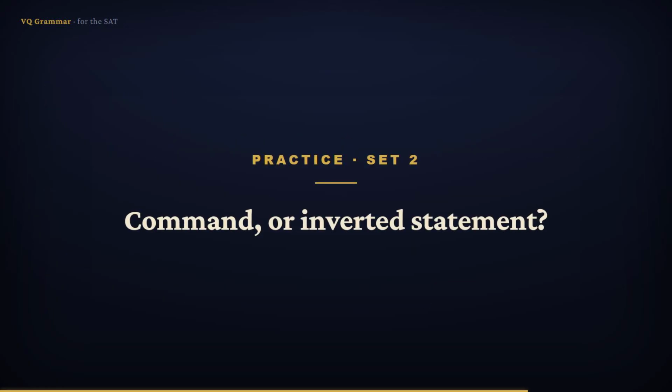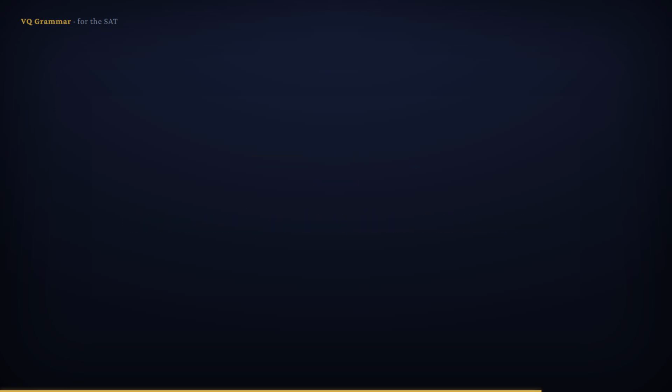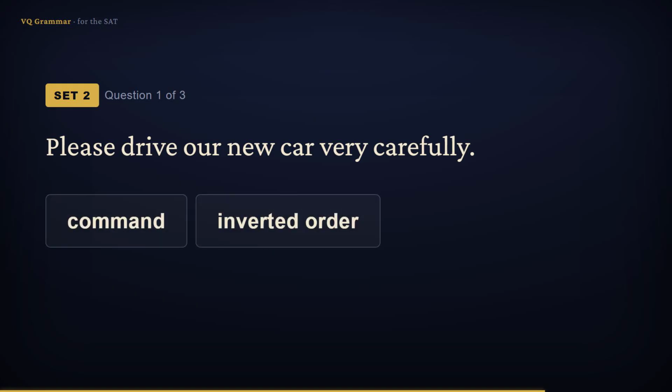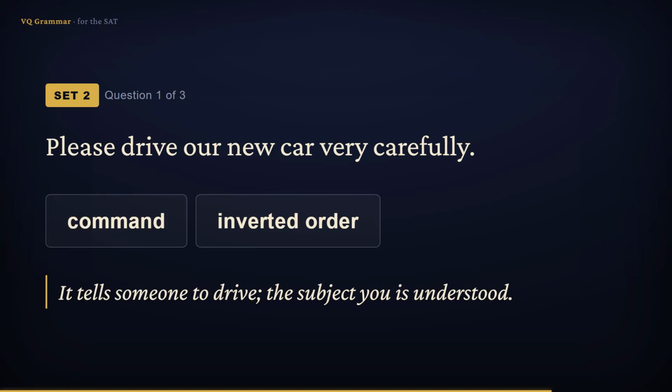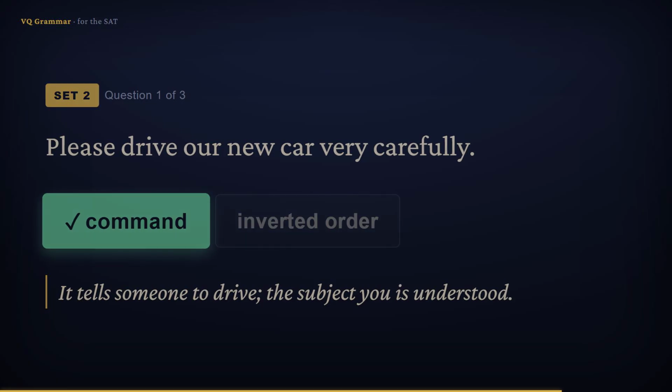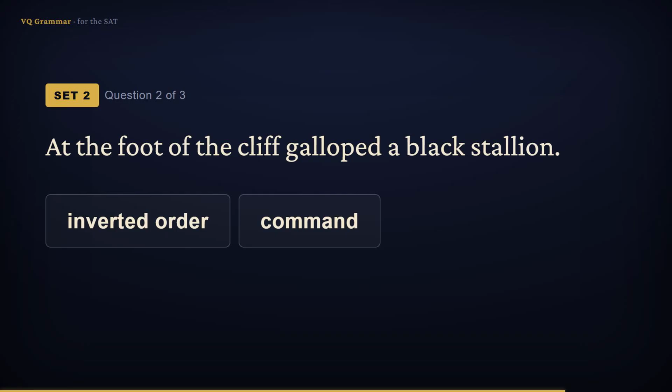Now decide whether each sentence is a command with an understood you or a statement written in inverted order. Pause and try each. Please drive our new car very carefully. This tells someone to do something, and the subject, you, is understood, so the answer is command. At the foot of the cliff galloped a black stallion.